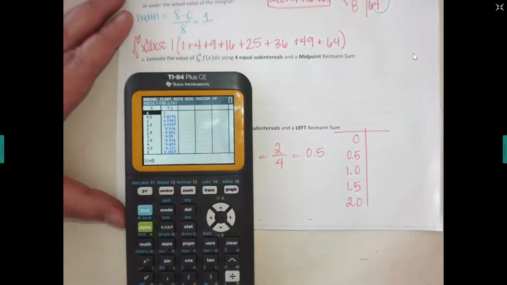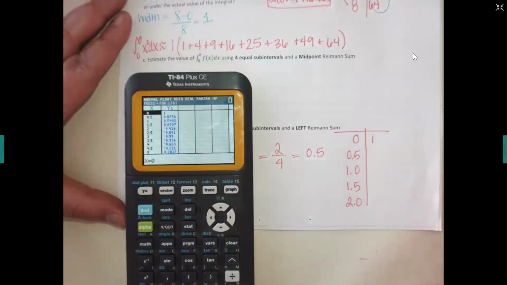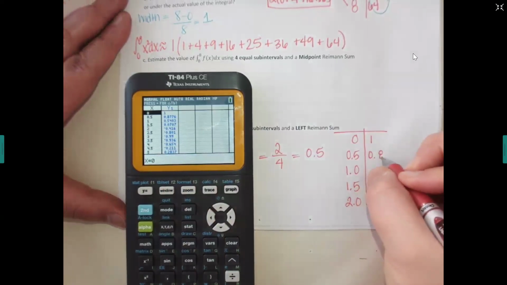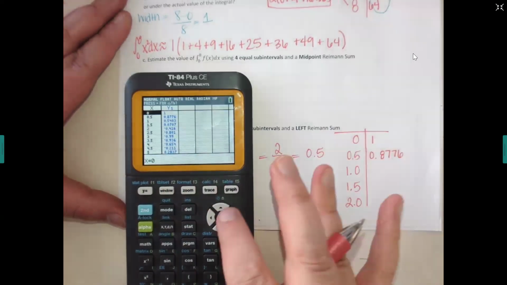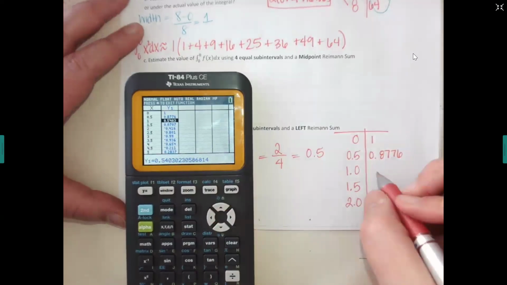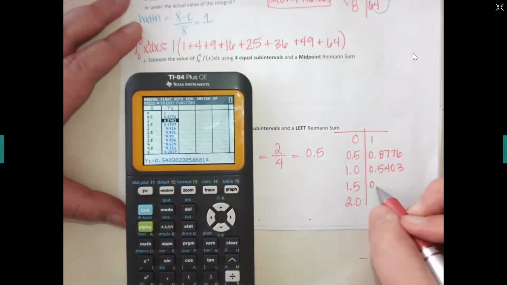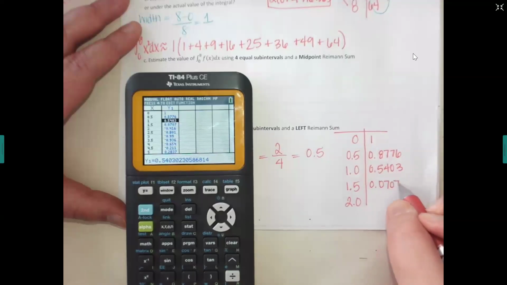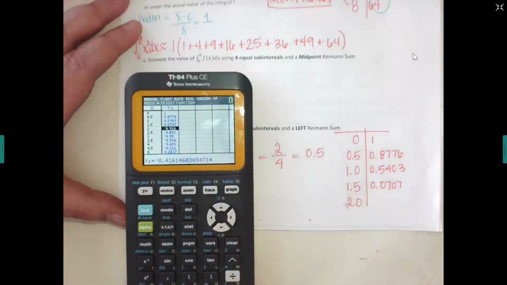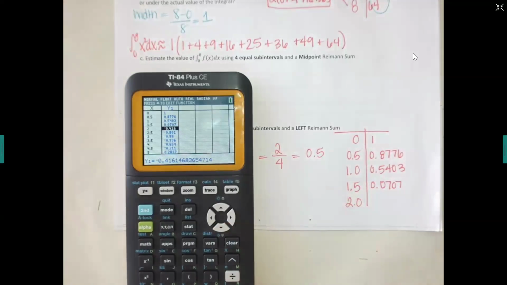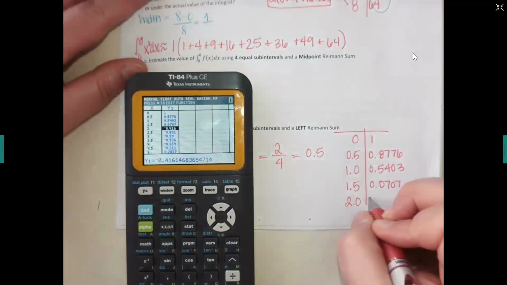So at 0, I see my y value is a 1, 0.8776, 0.5403, 0.0707. And now, do I really need to record the value for 2? No. If it's a left, am I going to use it? No. So you can put it if you want, but you're not going to actually use that one.